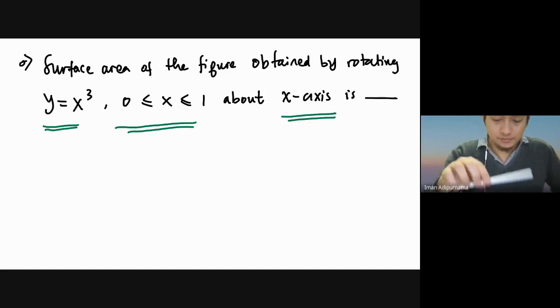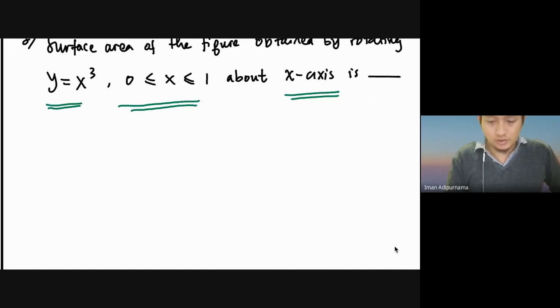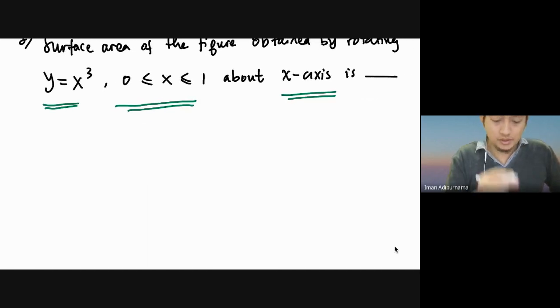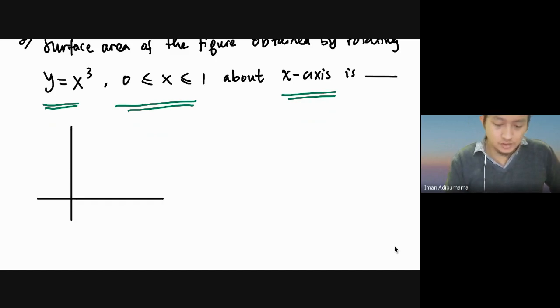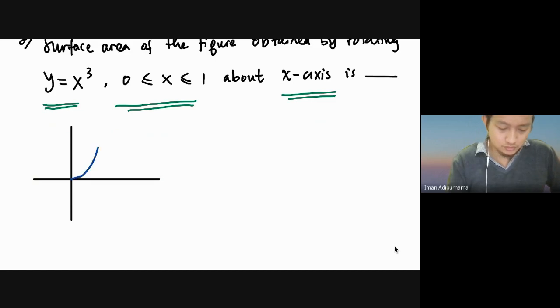Okay, now this part here. You don't really need to draw because it's just an x cubed. But if you want to know how the graph will look, this is how it looks, at least like that, from, let's say, 0 to 1.